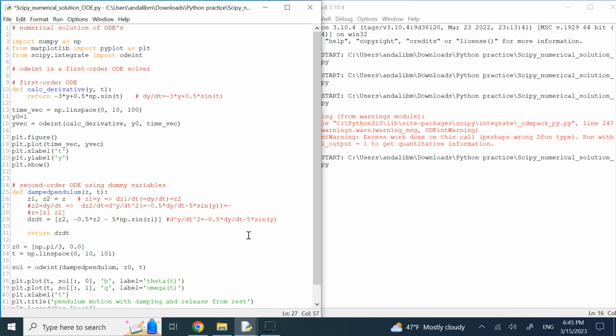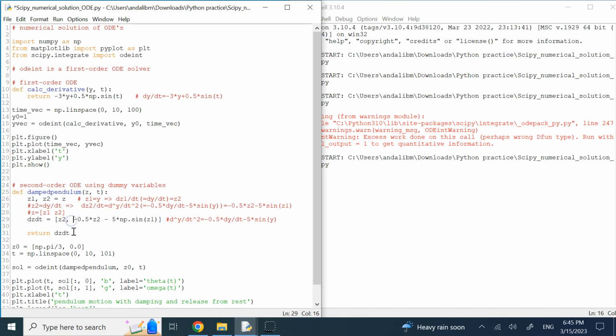So it's going to be negative 0.5 Z2, of course with an asterisk. And then negative 5 times what? Sine of y. But y is what? Y is Z1. So if you look at the right-hand side of the second ODE, which is also first order, you see the right-hand side is negative 0.5 Z2, negative 5 sine of Z1, which is what you can see over here.